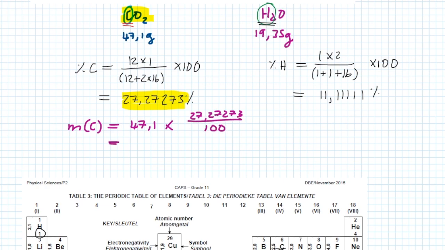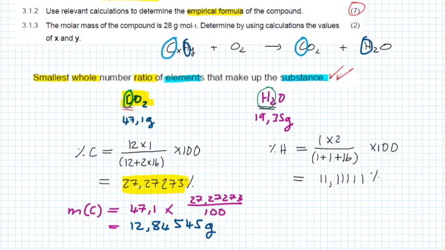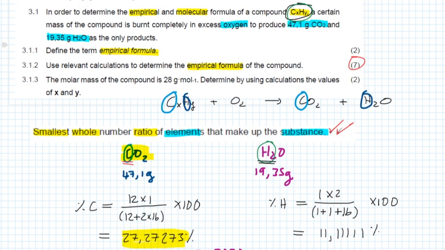Without rounding off, we find that the mass of carbon in this compound is going to equal 12,84545 grams. That is the mass of carbon in carbon dioxide, and that is all of the carbon that comes from this compound called CxHy.